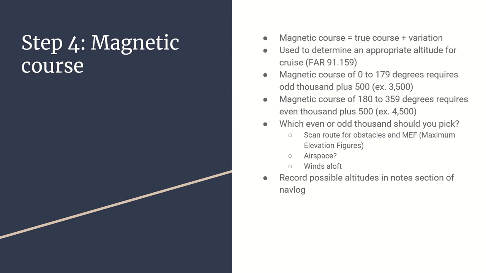Keep in mind that when you're traveling the opposite direction, you will have to pick a thousand that belongs to the other hemisphere, I guess I could say. So if we're going down to this airport, right, on a magnetic course of, I think we determined like 156, 157, then I would need a right odd thousand plus the 500.